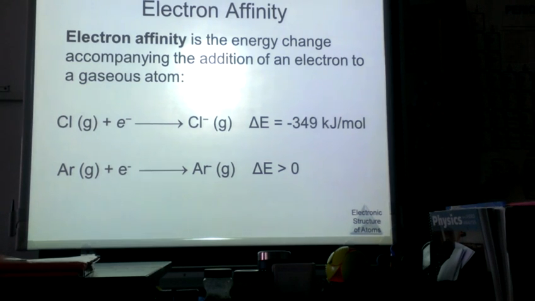It is not like electronegativity, where it's just the attraction, the ability of an atom to attract an electron. With electron affinity, we are actually adding an electron to the atom. So that's the biggest difference between electron affinity and electronegativity. Electronegativity is the ability to attract the electron, and electron affinity is actually adding on the electron to the atom, okay?